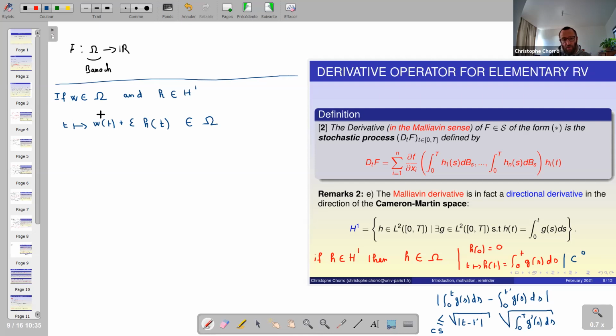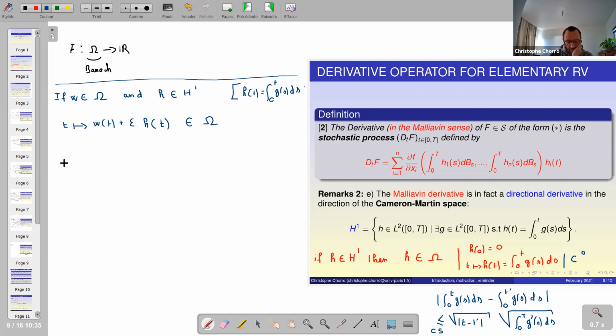It's a mapping that is continuous because w is, and h is, according to my little remark here. And keep in mind that I will take for h(t) the integral between 0 and t of g(s) ds. So I have something in Omega.